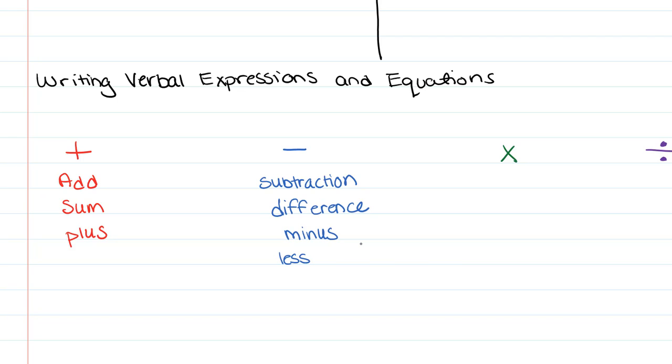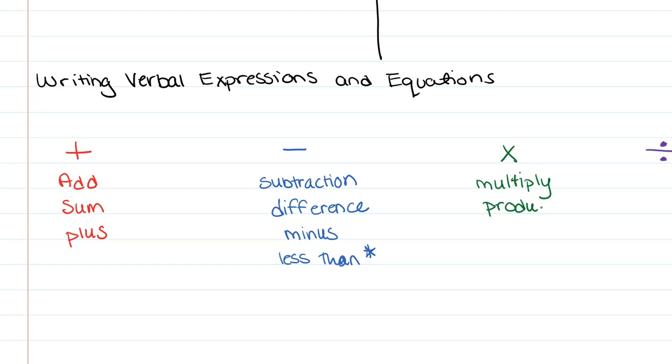So like, how much less than 10 is 4? But be careful with that one because that also is the less than symbol. So we want to make sure we're looking at the phrase to make sure we're using the correct symbol. All right, we have this multiplication sign. So if we see the words multiply, we would use that.